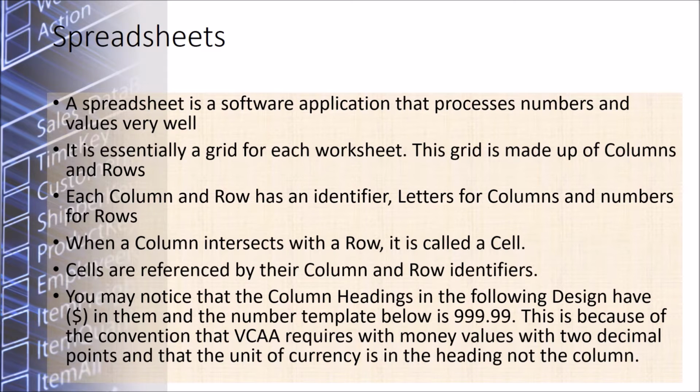This is because of the convention that VCAR requires with money values, 2 decimal places, and that your unit of currency is in the heading, not the column. So you wouldn't put a dollar sign and then the number in a column. You'd put the dollar sign at the top in the heading to represent that they're dollar values, and you would put the number with 2 decimal places below it. So let's have a look at the design and what it actually looks like.